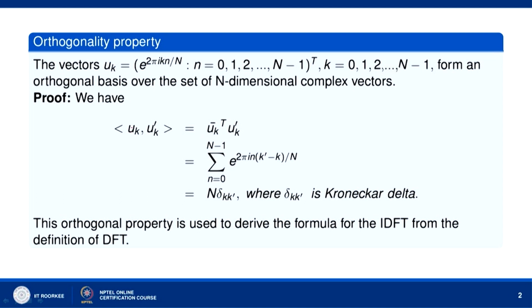So, u_k is e raised to the power 2 pi i kn by N, and u_k dash is equal to e raised to the power 2 pi i k dash n by N. This T denotes the transpose, that means we are writing these N vectors in the form of a column. Okay. So, that is why we have written that as e to the power 2 pi i kn by N.